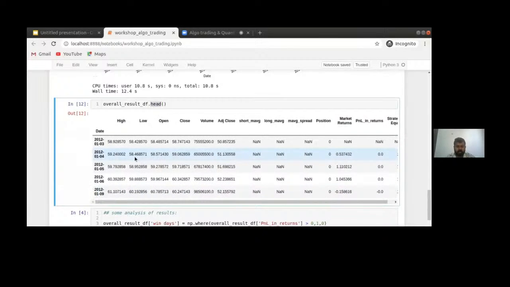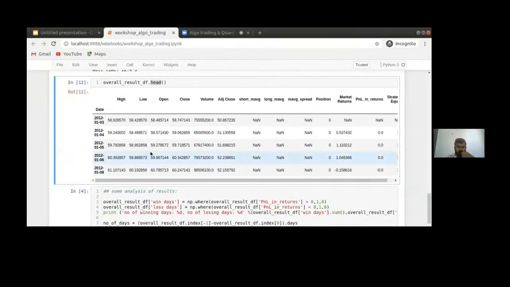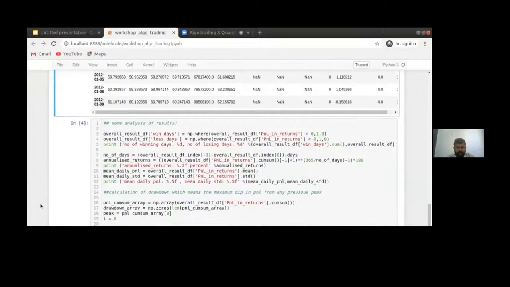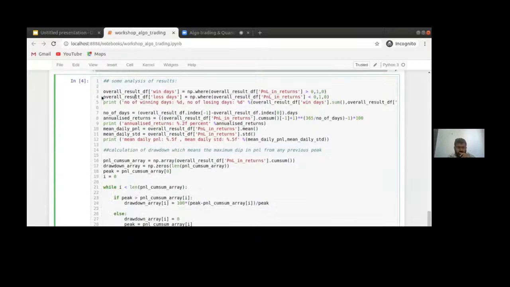This is the kind of data set that I got from the function for the optimal set of parameters. And now we are calculating different metrics to test how good this strategy was. So the first thing I calculate is win days, basically the number of days when I had a positive PNL, like I made a profit.